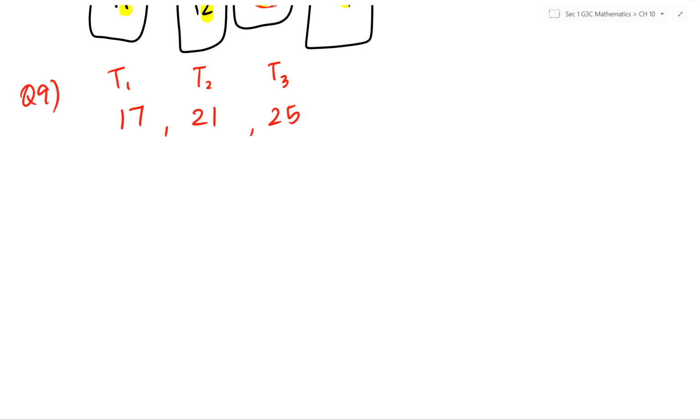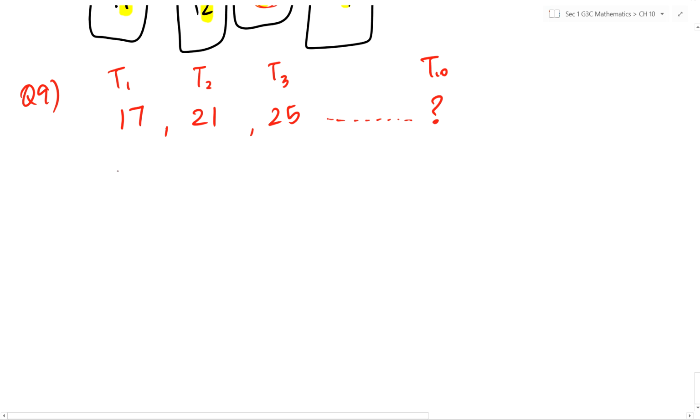Term number 10. Do you want to keep adding to find term number 10? Or is there a shorter way? And what is the shorter way? I will now introduce you a formula that is used for common difference questions. Okay, these are common differences, right?